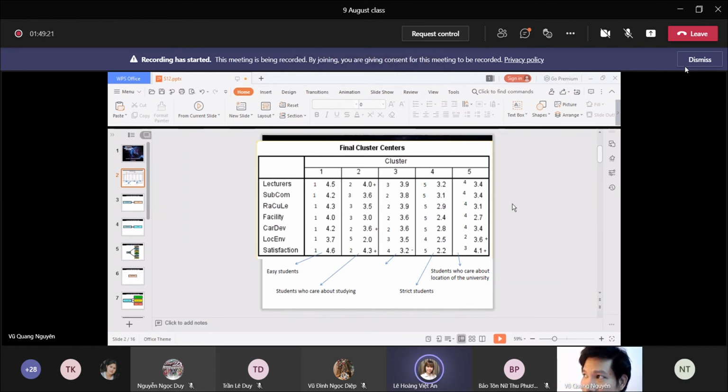They don't like to study. They don't like to study. What do they like? If they don't like to study, they are not cluster 2, I say. But they don't even care about the location of university, you see. They are not even in cluster 5. What do they care about? Thank you, Kiyomi. That's very good. They care nothing in the model.